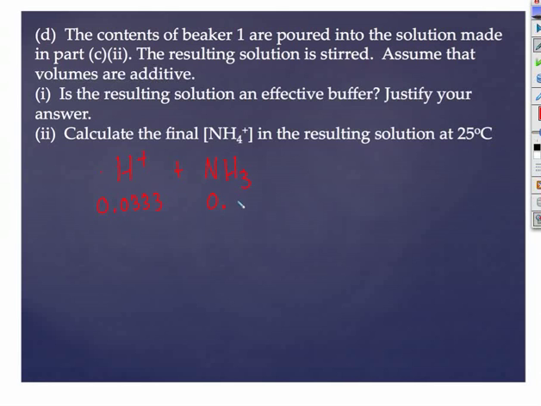We've already determined that this was 0.0333 molar. This was 0.0333 molar. All right, it's going to go to ammonium. Let's go ahead and look what the ammonium would be. Well, the ammonium, once we diluted it again, right, it should be the same as my initial ammonia, but I'll prove it to you.